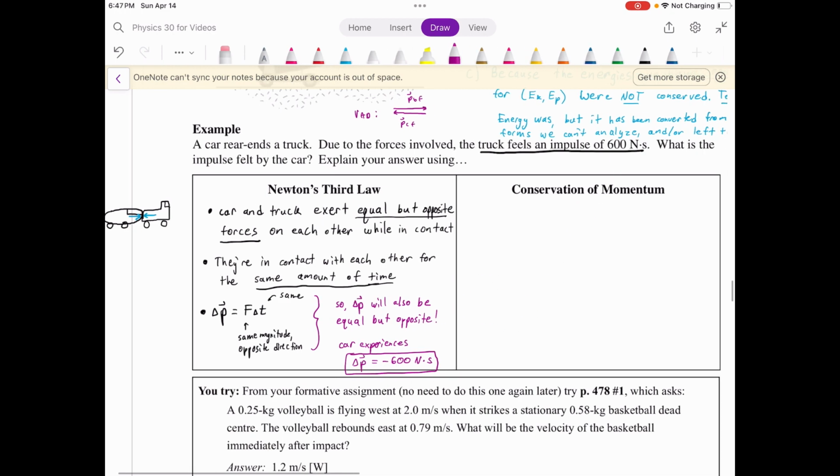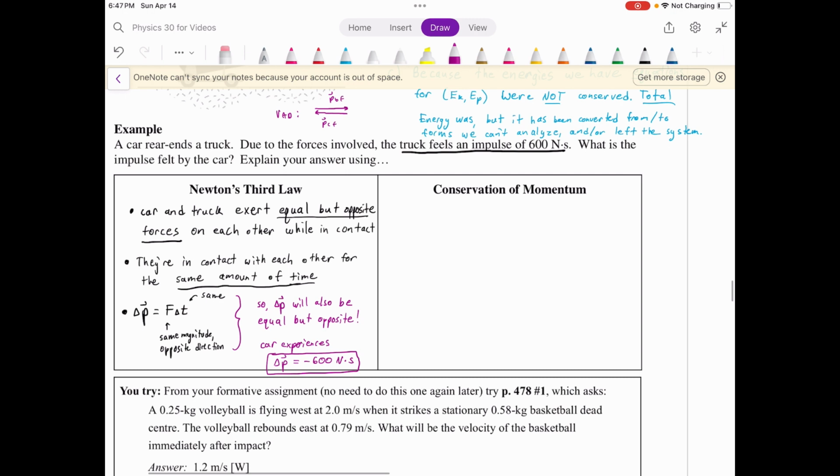Same size, opposite direction. Now, can we get the same result by just thinking about the law of conservation of momentum? We should be able to, because really, as we saw at the beginning of this lesson, the conservation of momentum really just comes from these ideas here, thinking about Newton's third law, right? So for momentum to be conserved, what needs to be the total overall impulse of the system?